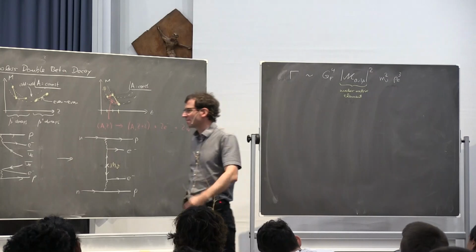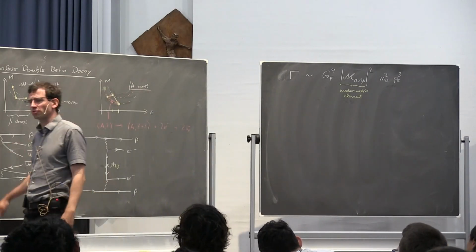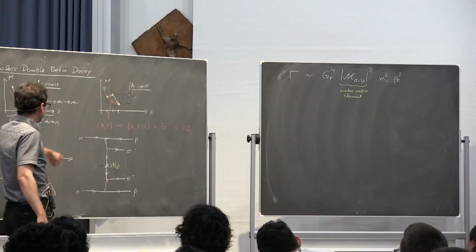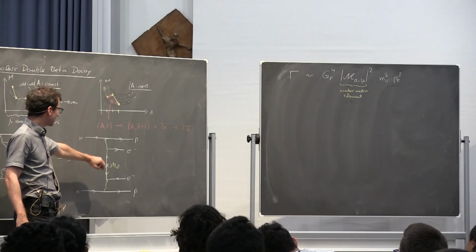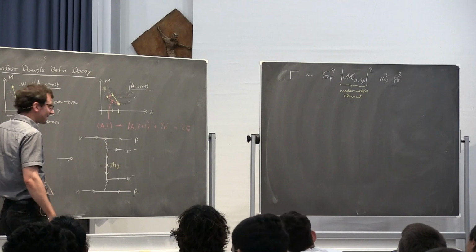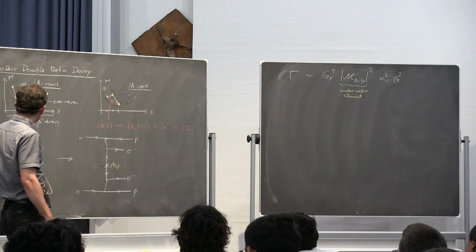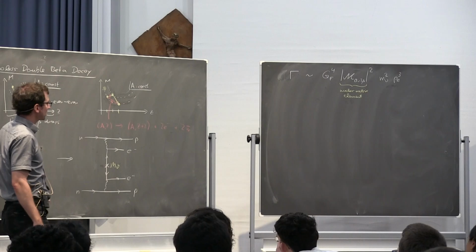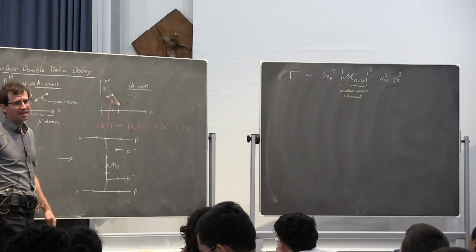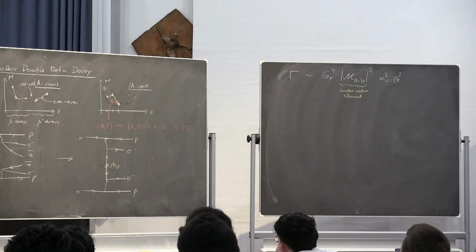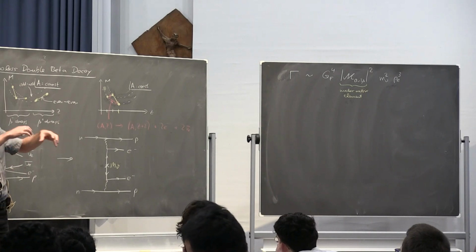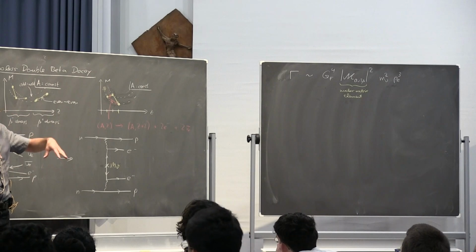Now you might say, okay, then why don't we look at 2 neutrino double beta decay, which has a tiny rate, but still much larger than neutrino-less double beta decay, and doesn't involve a neutrino mass insertion. But the problem is that the nuclear physics of the 2 neutrino double beta decay is different, because here, in a sense, the two neutrons that decay can be located anywhere in the nucleus.